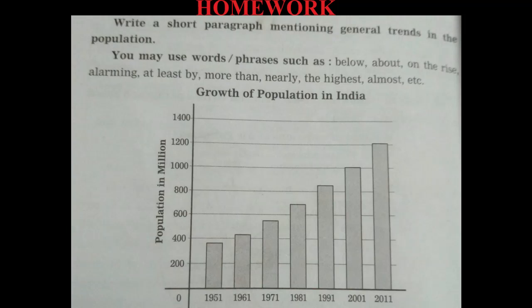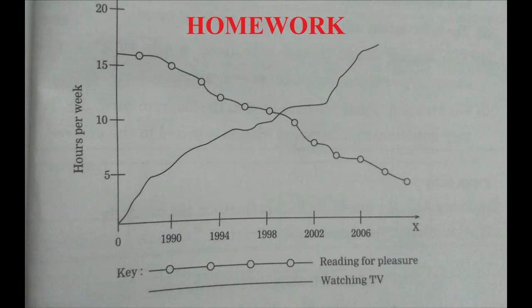For example, we say that it saw a dip in so and so year, or we say it skyrocketed in so and so year, or you can say that more or less it remained constant where the difference was, or you can even say that with regard to that bar graph that I've given, since it's indicative of growth in population, you can mention how there was a gradual but steady growth in population and later on which increased alarmingly.